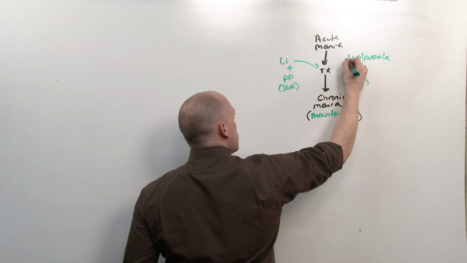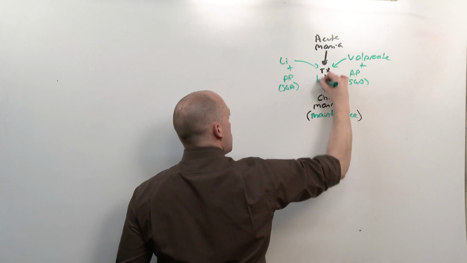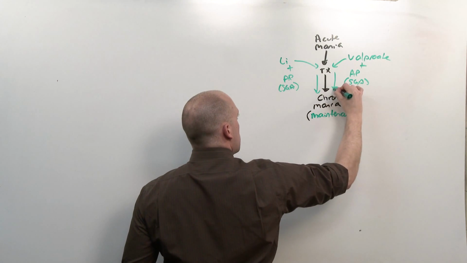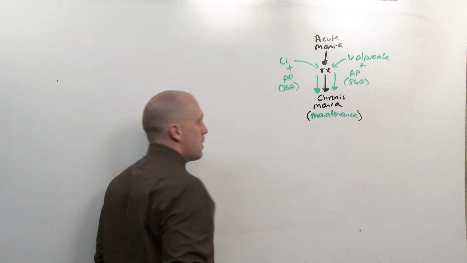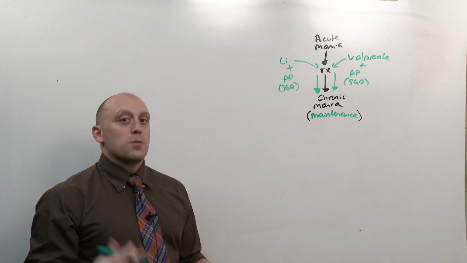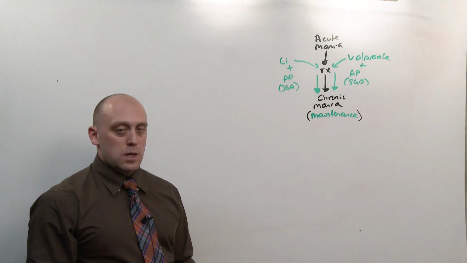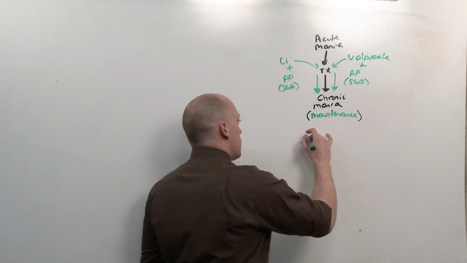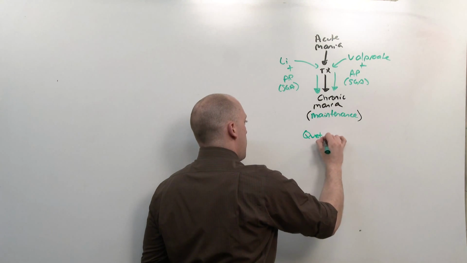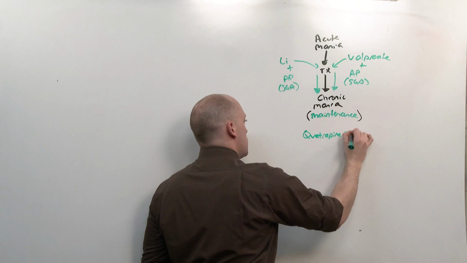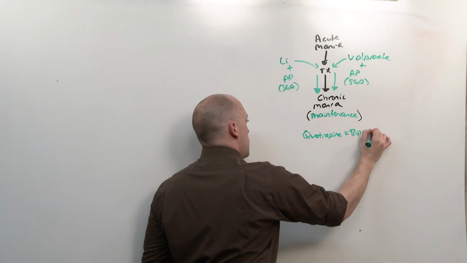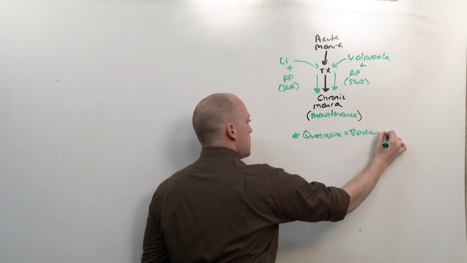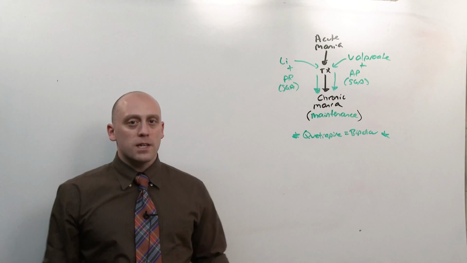And if you achieve control of the mania, you simply leave them on both medications, supposing that the patient can tolerate both medications without side effects. And what we've learned is that quetiapine, in all phases of treatment, is used to treat bipolar disorder. And this is the big change you're going to see in the hierarchy of medications.